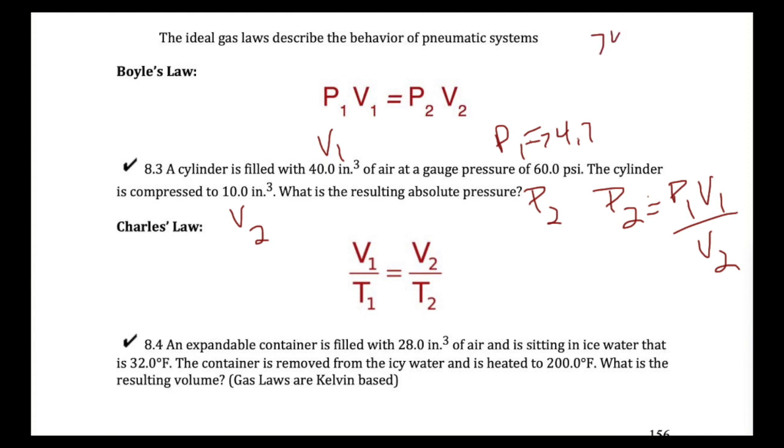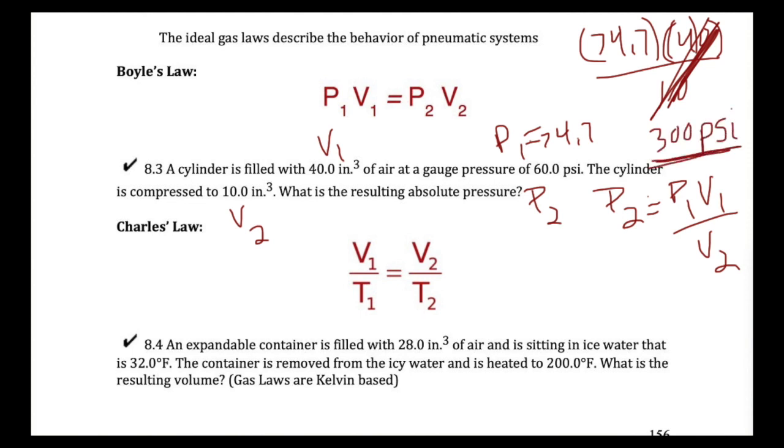P1 is 74.7, times V1, which was 40, divided by V2, which was 10. 40 divided by 10 is 4, and 4 times 74.7 should get you a pressure of basically 300. It's about 300 psi. You should check that work and see if you can do these problems.